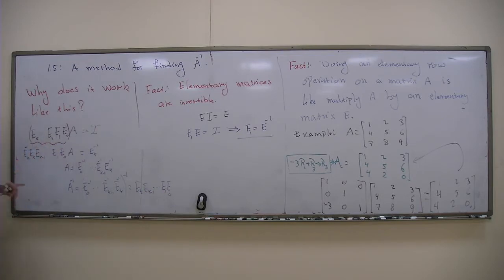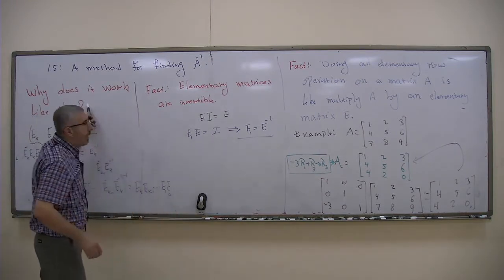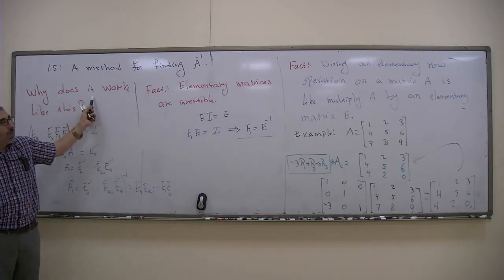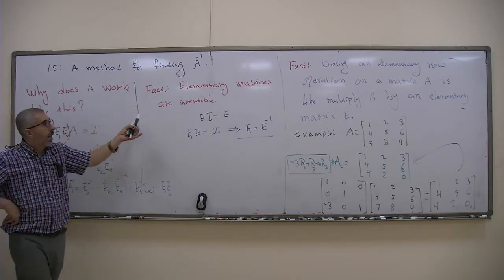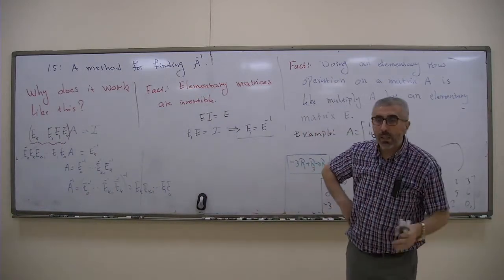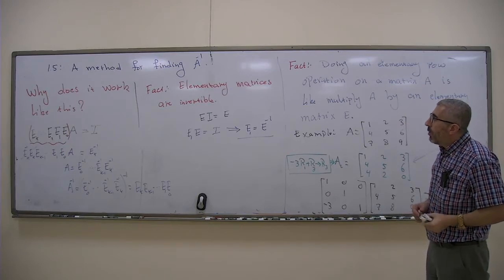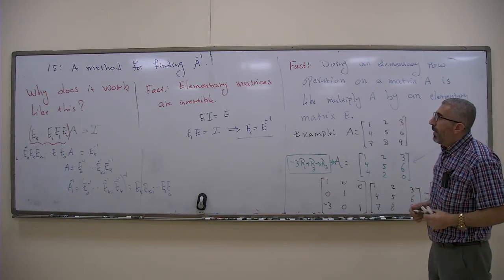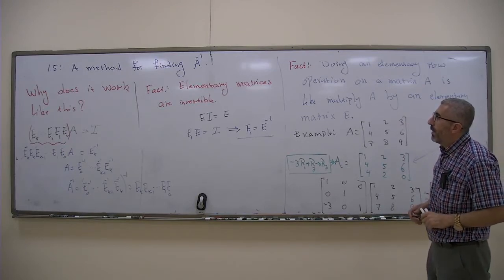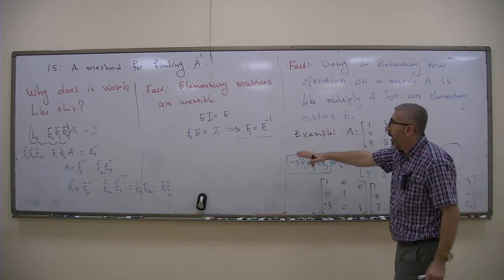So the inverse of A is this. So that is the reason. That is the reason our method works fine, and it is not just a guess. Okay. All right. So the conclusion here: if you have a matrix and you want to know whether it is invertible or not, you use the algorithm we discussed.